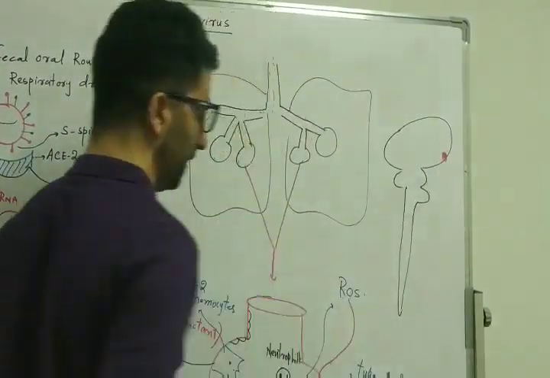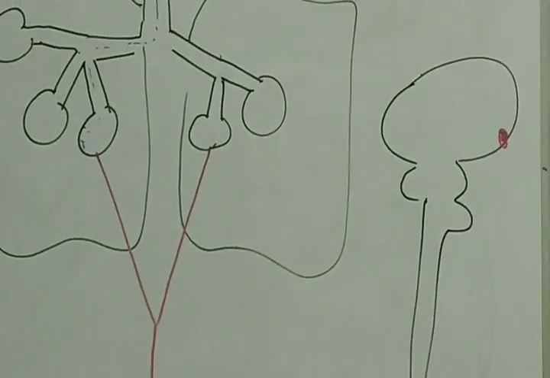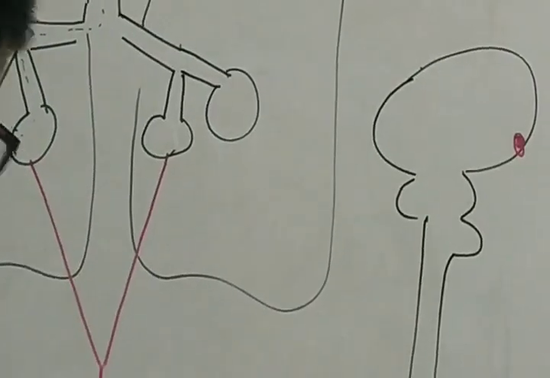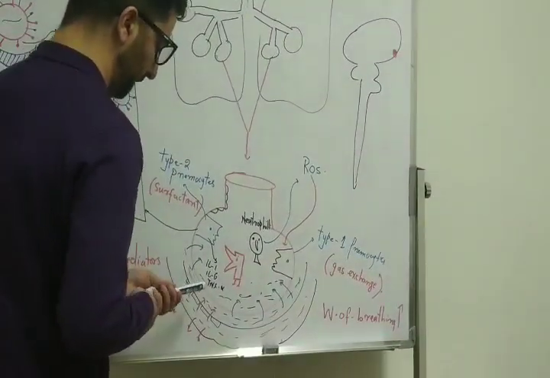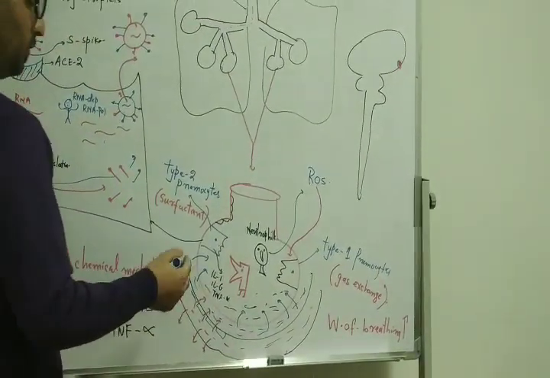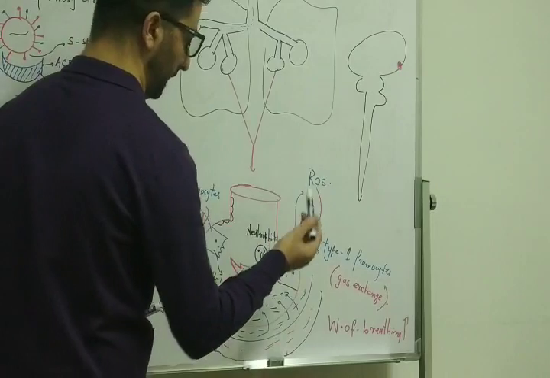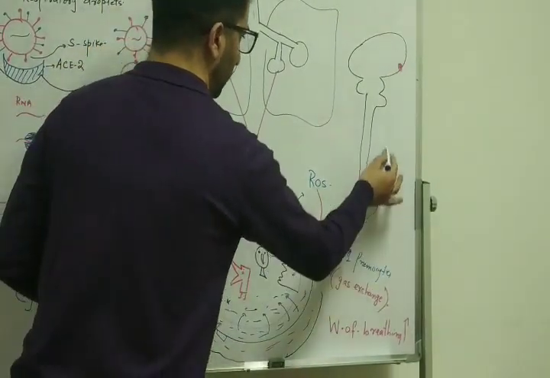Can anyone tell me the size of the hypothalamus? It's actually around the size of a knee. From the bloodstream, these interleukin-1, interleukin-6 and tumor necrosis factor travel through the bloodstream. For example, this is the bloodstream.